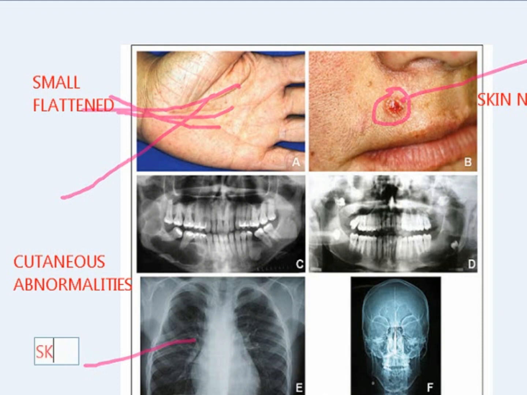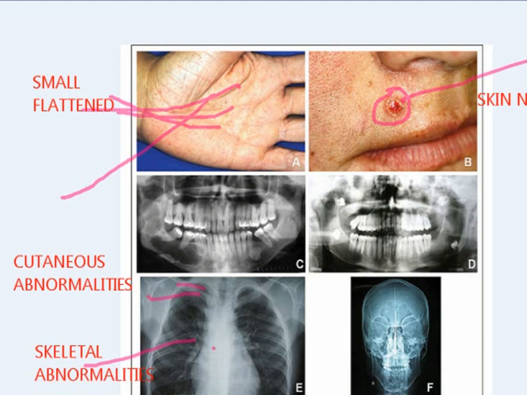Comes the skeleton abnormalities. These are the skeletal abnormalities. There can be rib anomalies, bifid rib, agenesis.